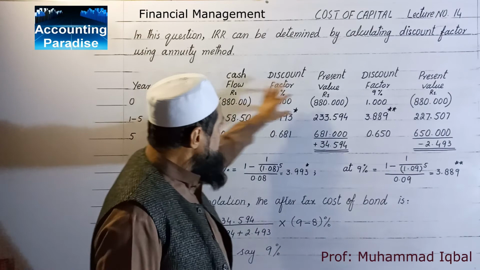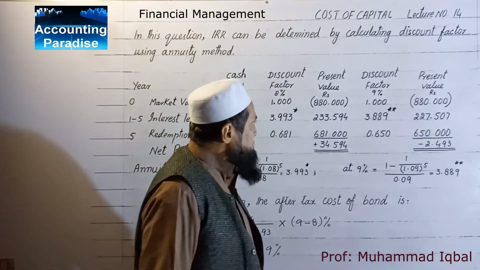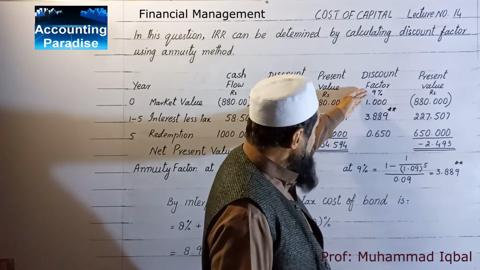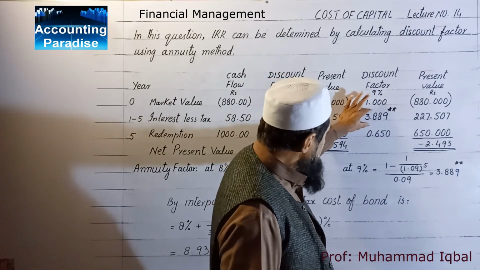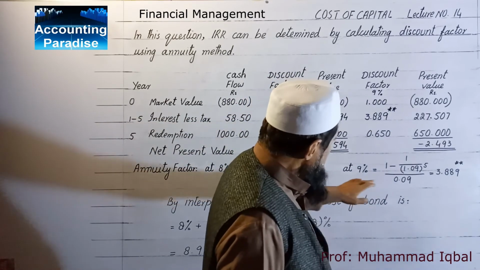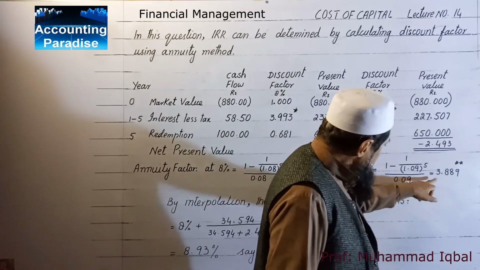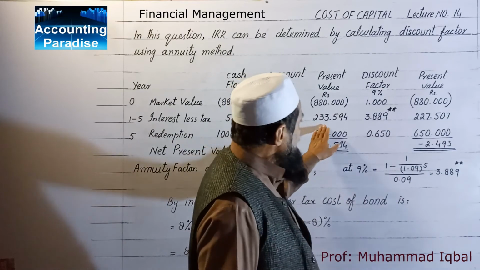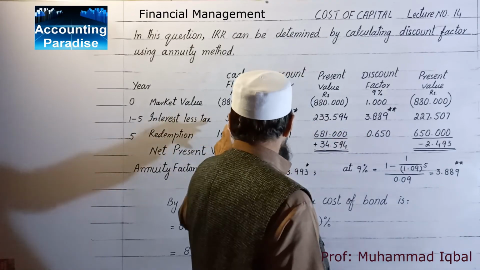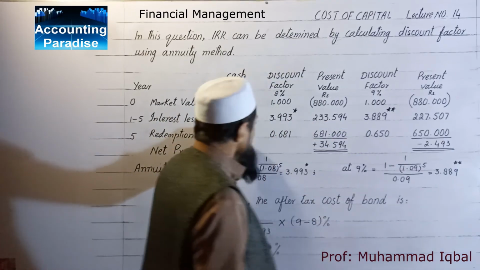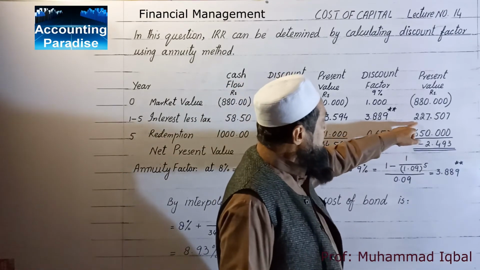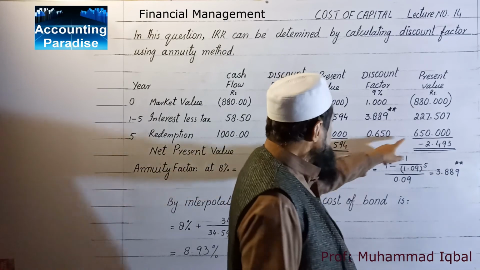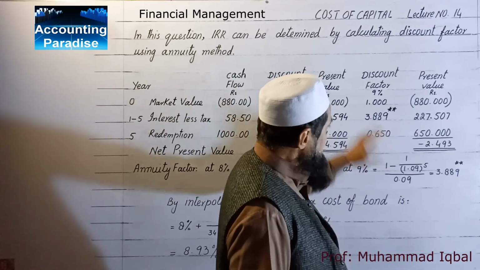This is also the same, and only the 9% discount factor is changed. The 9% annuity factor is 3.889. By multiplying by this factor, we got 227.507, and this is the same as in the previous question.